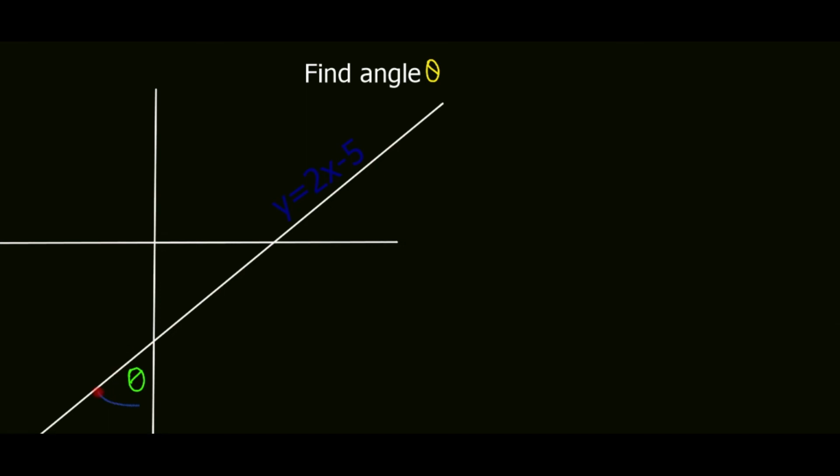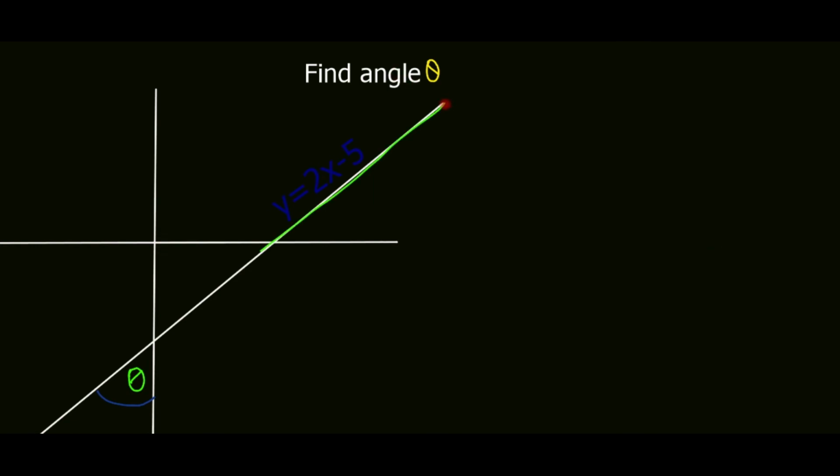This is angle theta here, and this is not the angle of inclination, because the angle of inclination is measured from the x-axis anti-clockwise to a straight line, and this is the y-axis. So this is not the angle of inclination, so we find some angles first, and then create this one.